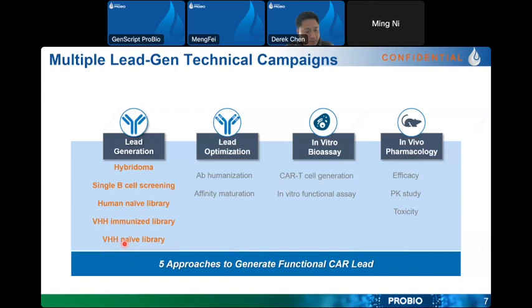In the lead generation stage, several technologies, including hybridomas, single B cells, human naive libraries, VHH immunized libraries, and the VHH naive libraries are available at GenScript Bio. These approaches will generate CAR leads in either single chain FV or VHH formats.